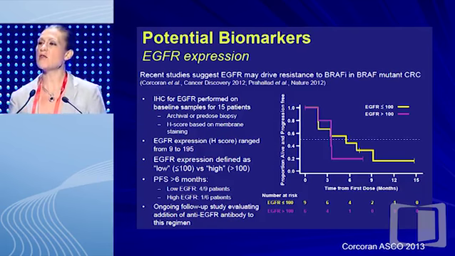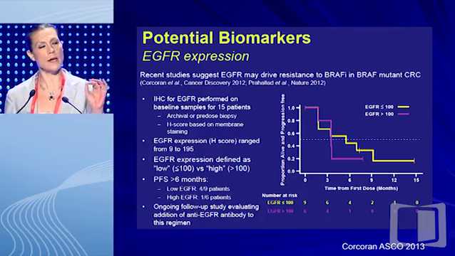So is EGFR upregulation a potential mechanism of resistance that colorectal cancer cells use for BRAF inhibition? And we've seen data that suggests this preclinically, and so now the next set of trials is looking at combining anti-EGFR therapy with anti-BRAF therapy and anti-MEK therapy.